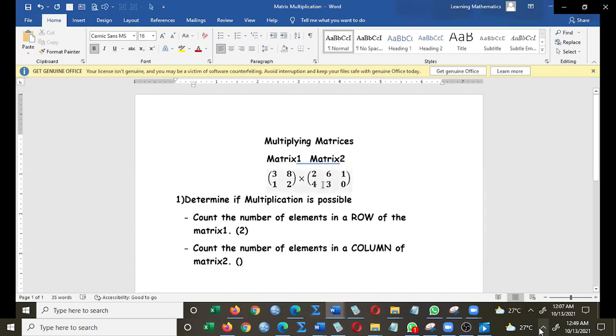Look at any column of matrix 2. Here it is. You have 2 elements. So we count the number of elements in a row of matrix 1. We have 1, 2. Any row, you get 1, 2. Column of matrix 2. 1, 2. So since the numbers are equal, this means yes, multiplication is possible.